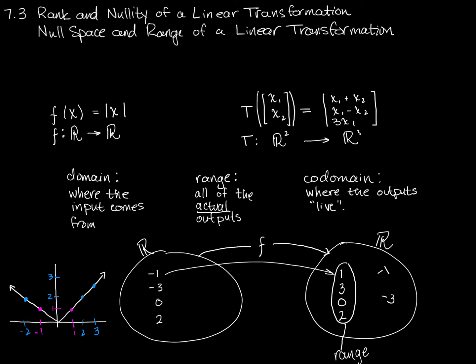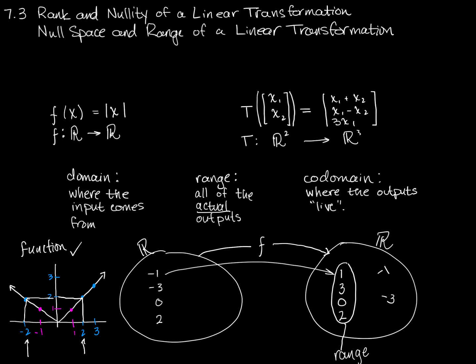Okay, so I'm mapping from 2 to 2. This 2 right here only has one output. It's 2. This -2 only has one output. It also happens to be 2, but it only has one output. That's what makes this a function. That's the formal definition for what makes it a function.